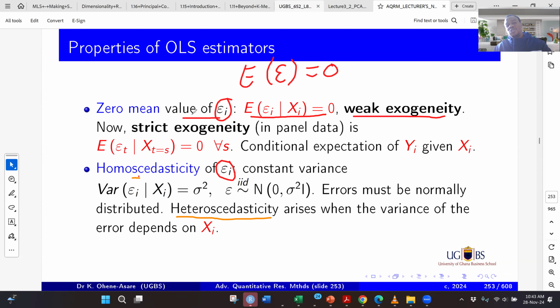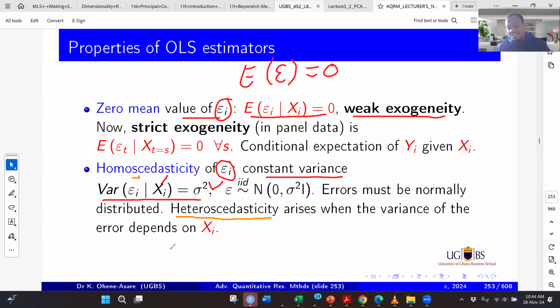And after you talk about the center, you go to the deviation from the center, or the variance. The variance must be constant. The errors must have a constant variance. So mathematically, the variance of the error given the independent variables must be constant.